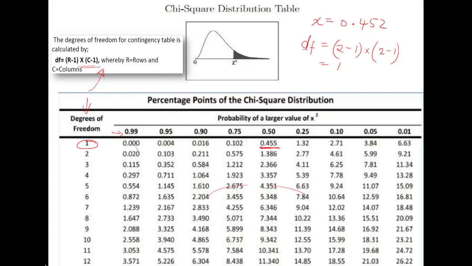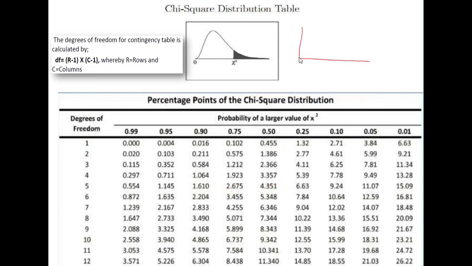We can, if we choose, use the critical value. In order to use the critical value, this is what we'd have. For degrees of freedom of 1, our critical value at 0.05 is 3.84, which means anything outside of this would be in the rejection zone.